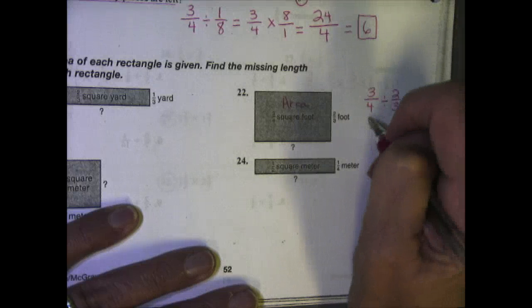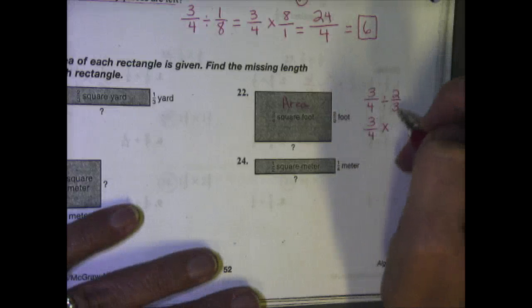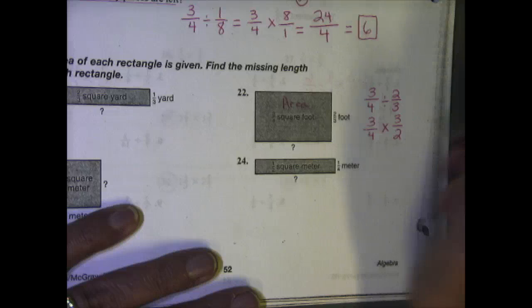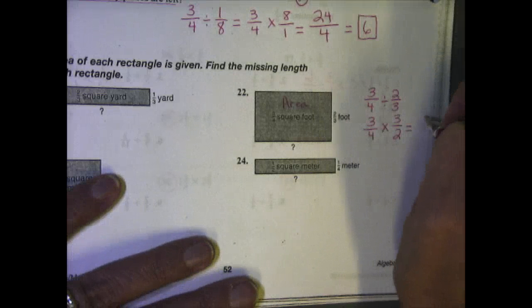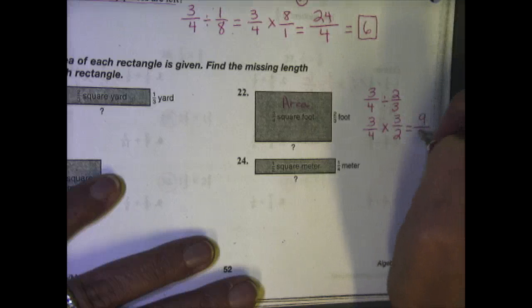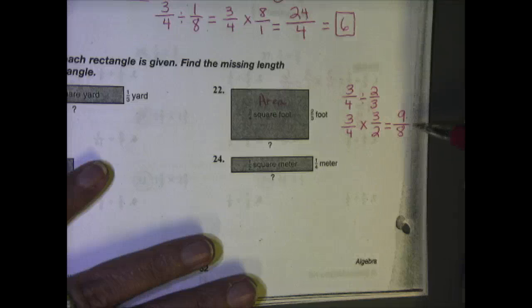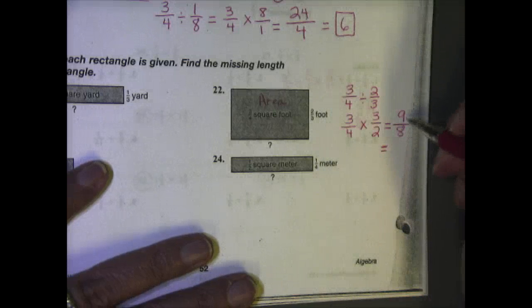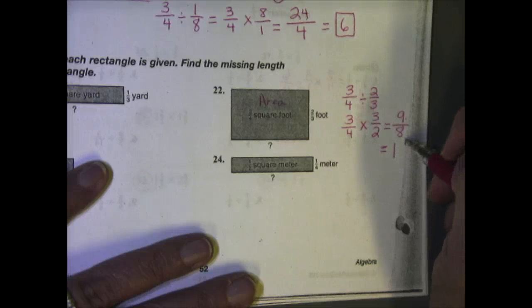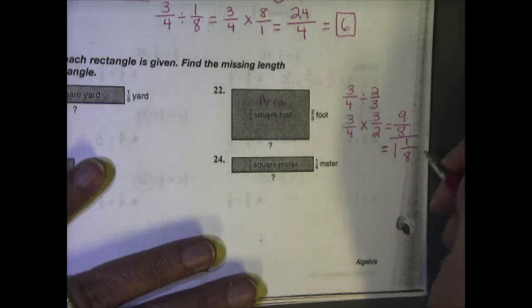When we do that, the first one stays the same. We change to multiplication, and we change 2/3 to its reciprocal, or multiplicative inverse, which is 3/2, and multiply straight across. 3 times 3 is 9, 4 times 2 is 8, and then we need to determine what this will be when converted to a mixed number. 8 goes into 9 one time with 1 left over, and we keep the same denominator.